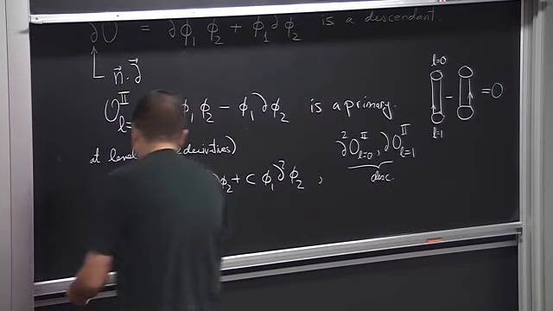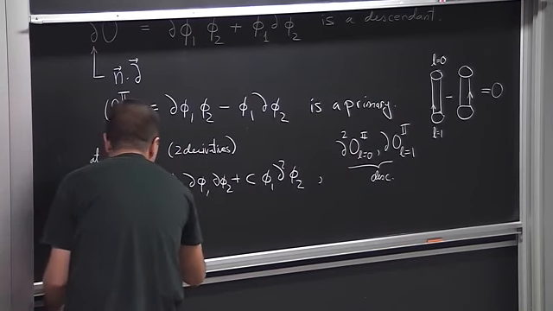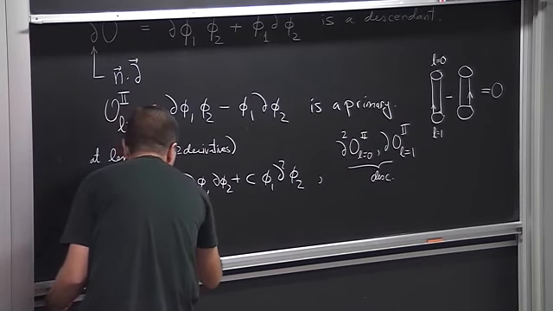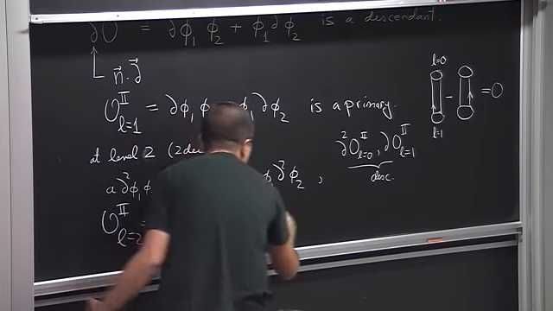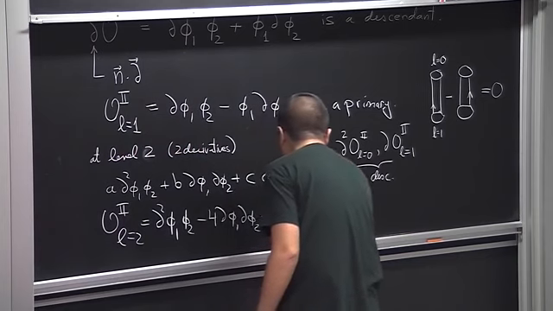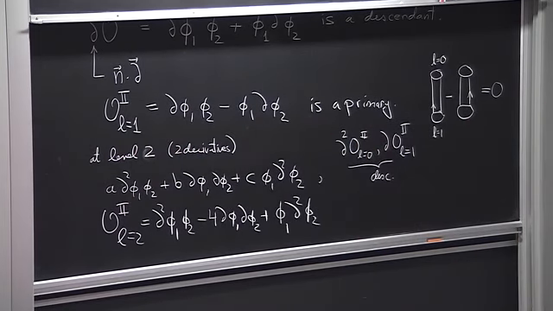And the primary is O2 with L equals 2, which is d squared phi1 phi2 minus 4 d phi1 d phi2 plus phi1 d squared phi2. You can check that this object is indeed orthogonal to everyone that we wrote before, and that it has the good correlation functions that you expect for a primary of spin 2.